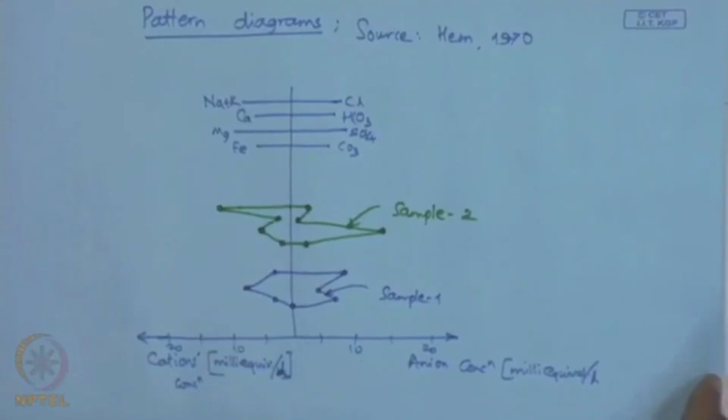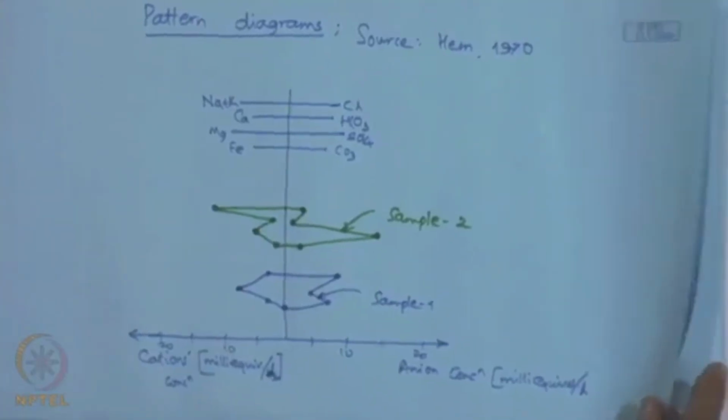So these are the 6 different types of graphical representations of groundwater quality.